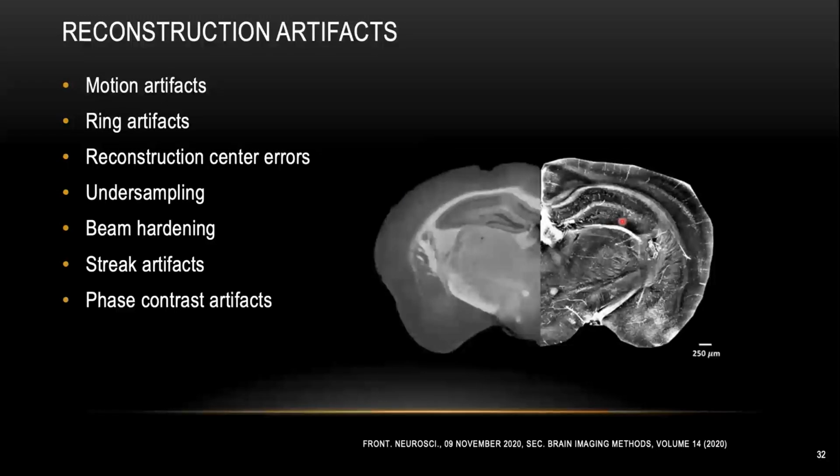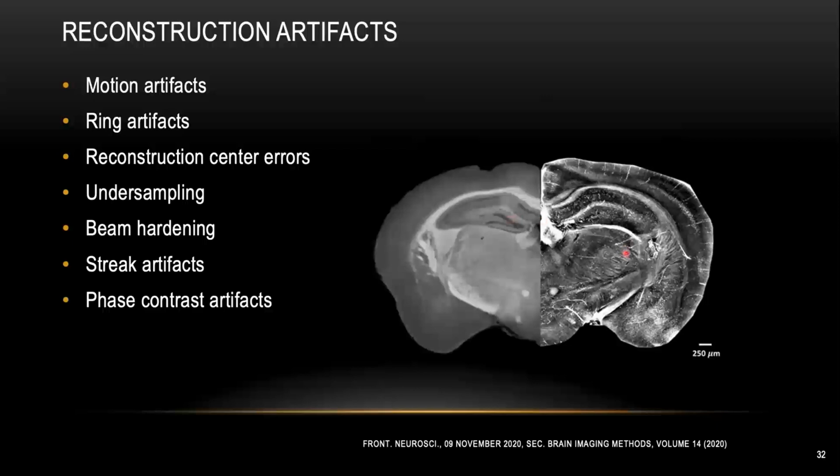And the last artifact I'm going to show you is called the phase contrast artifact. Earlier I mentioned phase contrast can help you improve your image quality, and you can reveal some tiny detail which you might not be able to see from a normal absorption image. But sometimes it can also give you some kind of artifact you don't want to see. So for instance, the picture here is a comparison for a mouse brain. On the left here, it's just a standard absorption image with iodine solution staining.